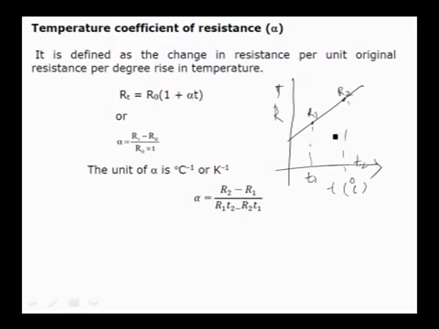Using these four parameters, we can easily calculate the value of alpha. This is the lower value of resistance and this is the higher value, because when the temperature is more, the resistance is also more. By using this, we can calculate the alpha value.